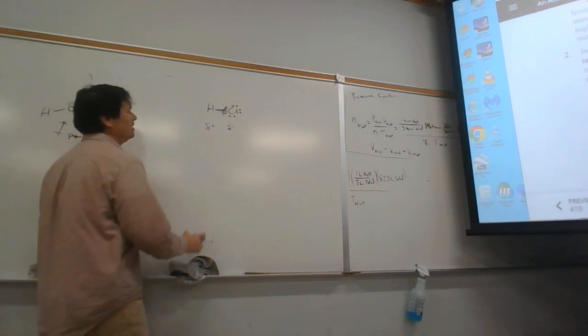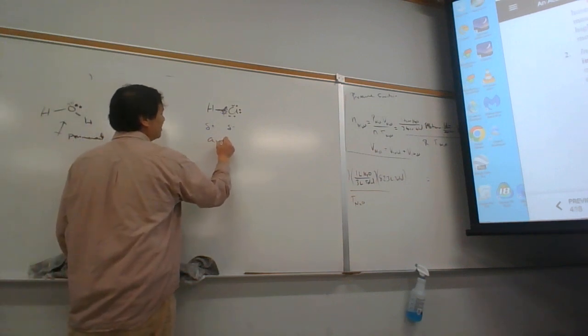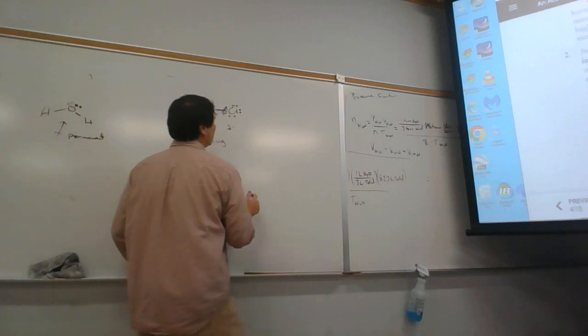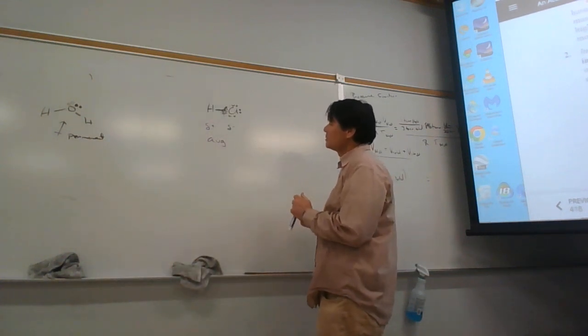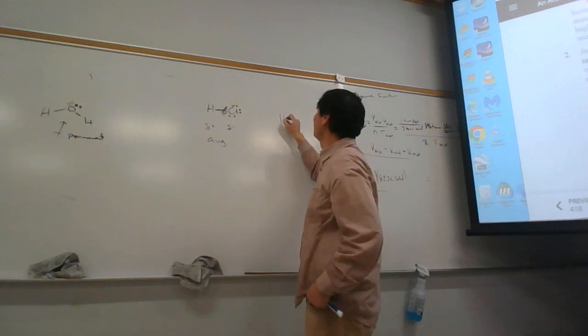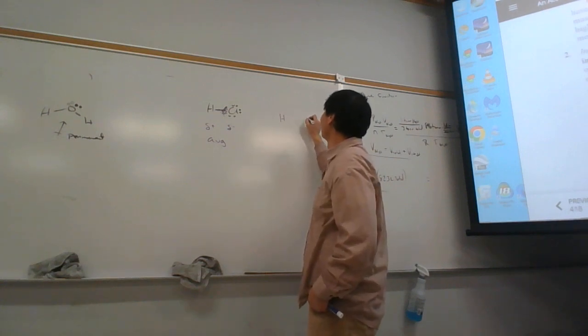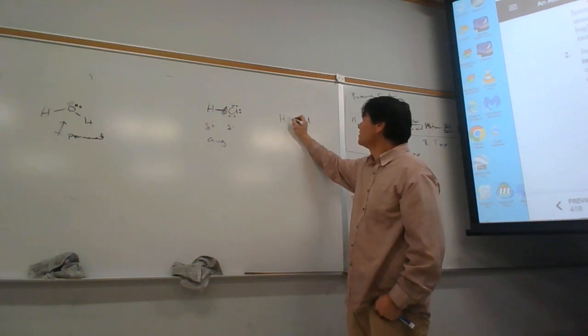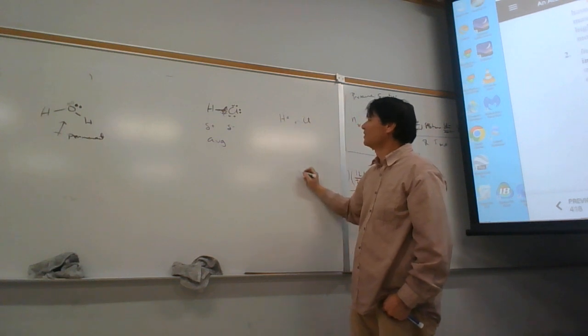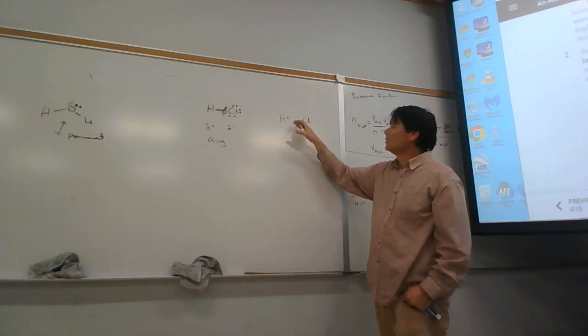But this is the average. The electrons are not static. If we look at the position of the electrons, sometimes the electrons might be closer to hydrogen. We have two electrons in the bond.